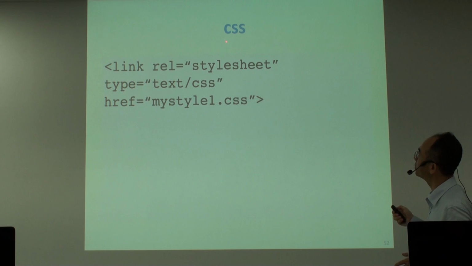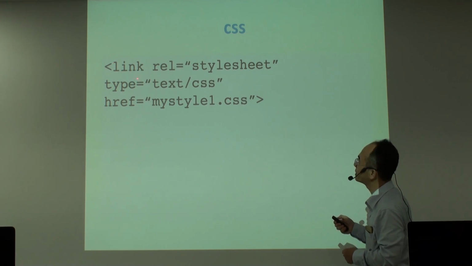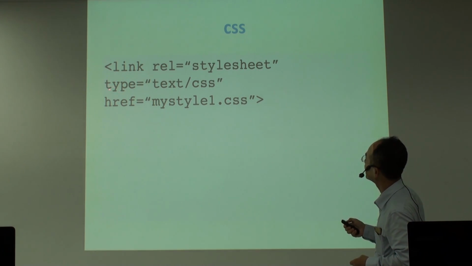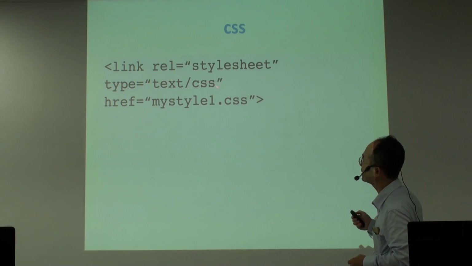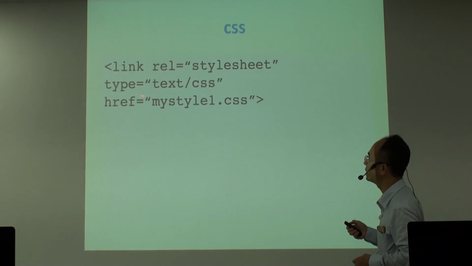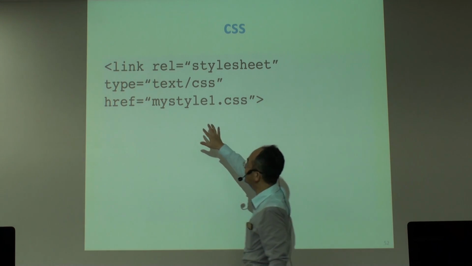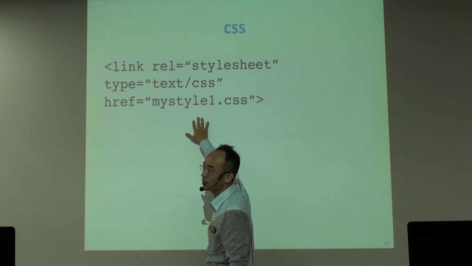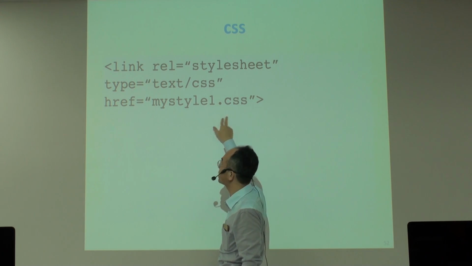And what you can do is declare the CSS. For example, here is the link, rel stylesheet, its type equals text/css, and href equals my style one.css, for my css1.css.